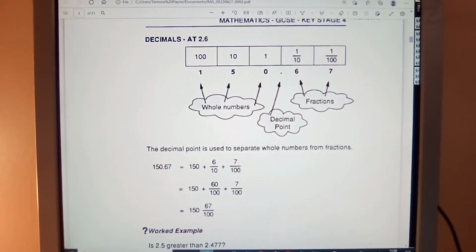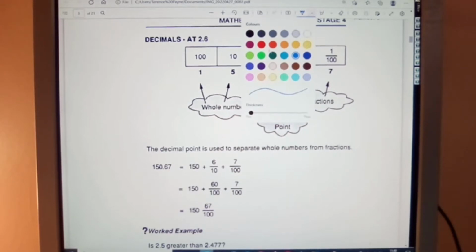We are looking to bring this to the same denominator. Let me just get my pen and see if I can get a mark on it.